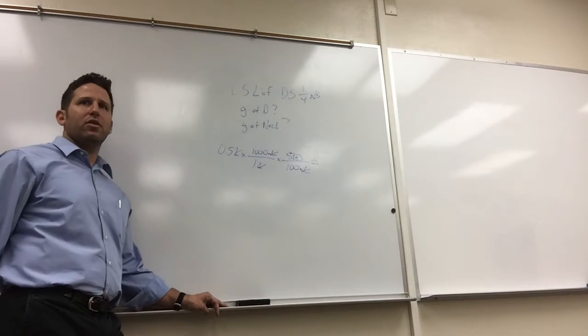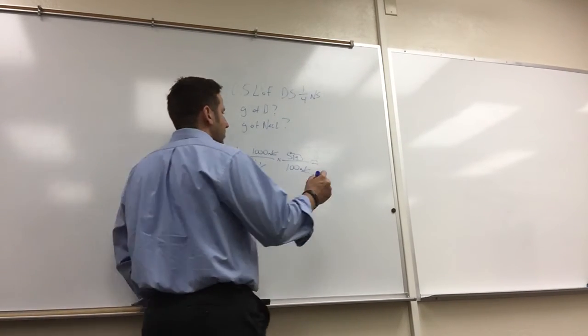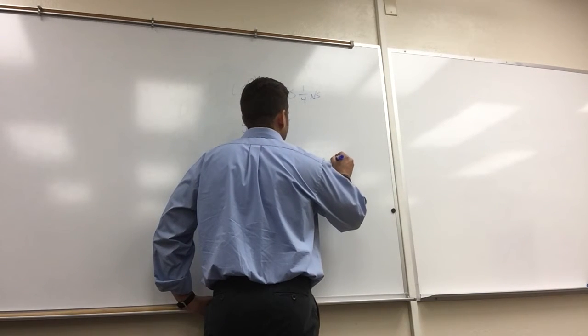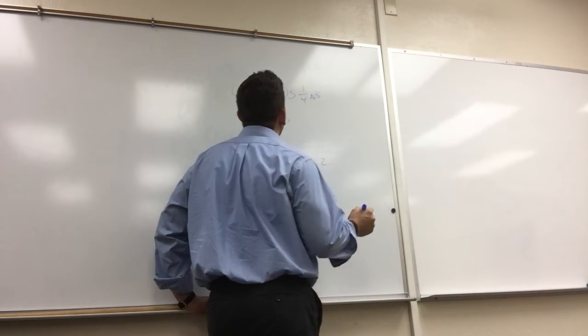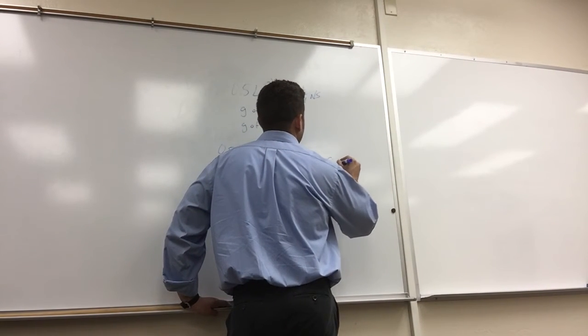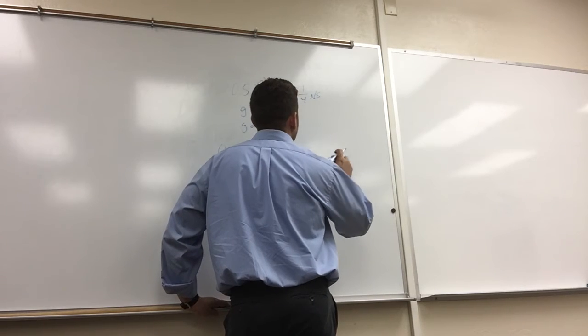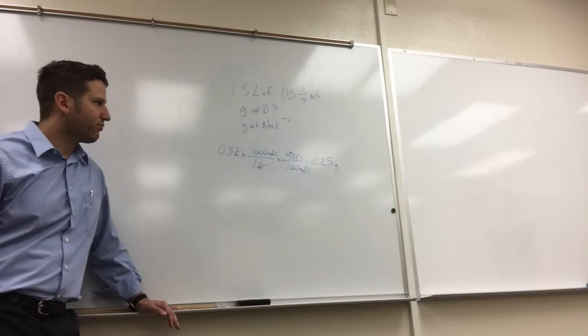So 500 times 5 is 2,500, so 2.5. Is that right? No, 25 grams. 2.5 would be 50 mLs.